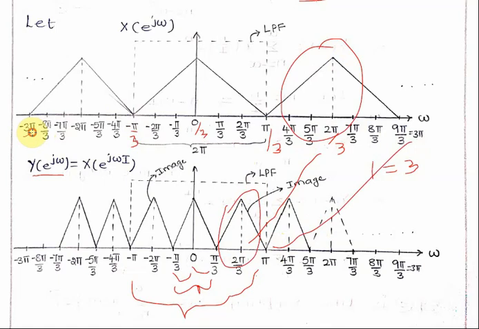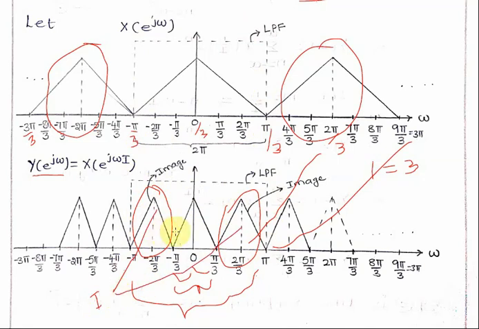Similarly, minus 3 pi by 3 is nothing but minus pi. This spectrum will come to minus pi to minus pi by 3 here. Our low pass filter bandwidth is from minus pi to plus pi. These dotted lines represent the low pass filter. So in this low pass filter, this is the original spectrum. This is an image repetition, an image. This is also an image.